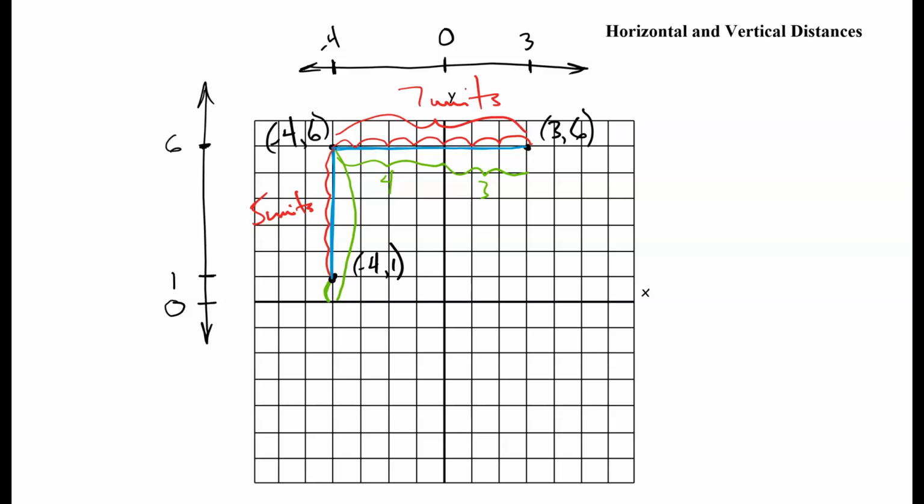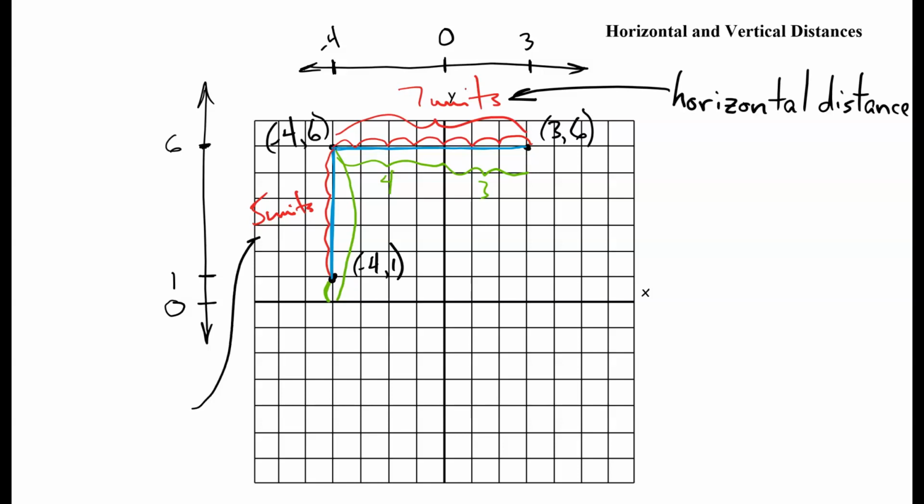And in fact, we could be a little more specific when talking about these distances by noting that this distance is a horizontal distance, and this distance is a vertical distance.